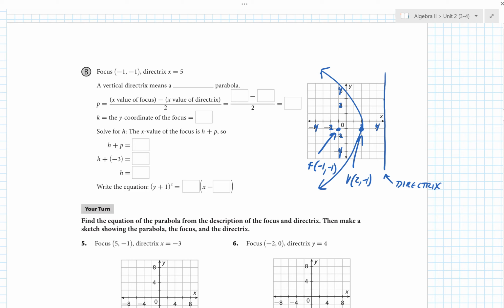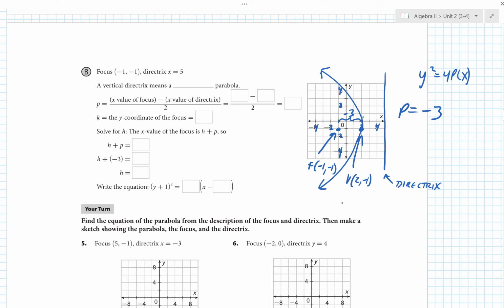And we see now that p equals 2. No, actually p equals 3. Actually -3, because this distance is 3, but it's opening in the negative direction, so p equals -3. And so our equation is going to fit the form y squared equals 4px, but it's shifted since our vertex is at (2, -1).